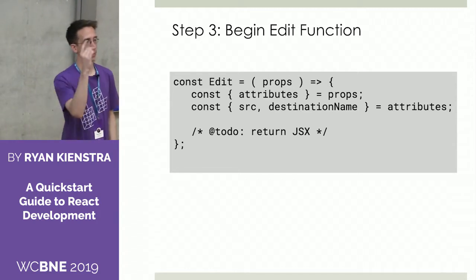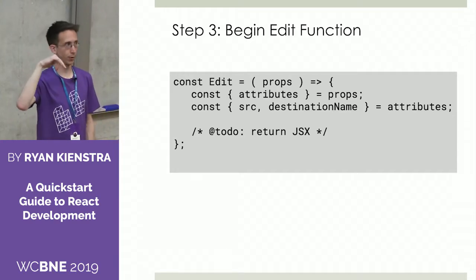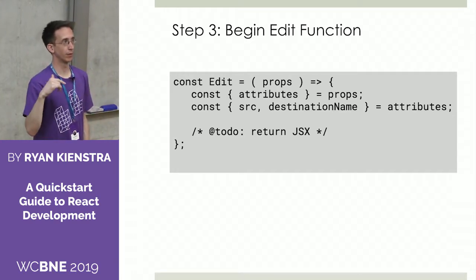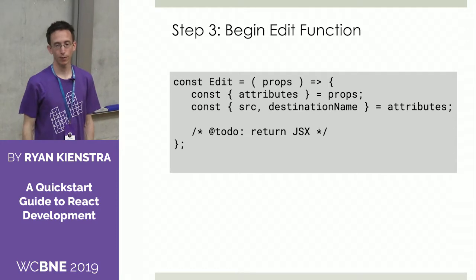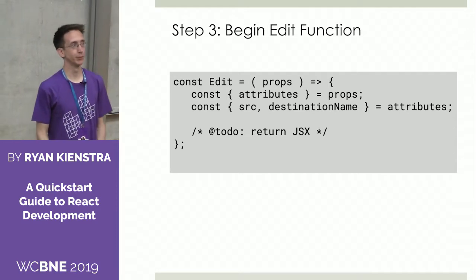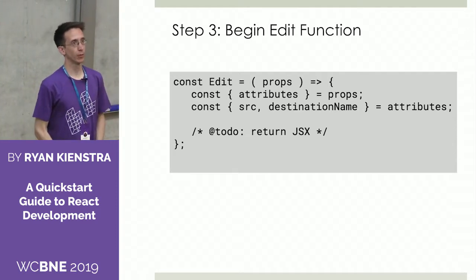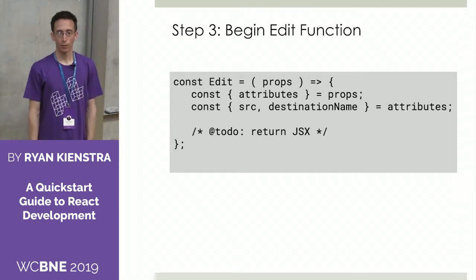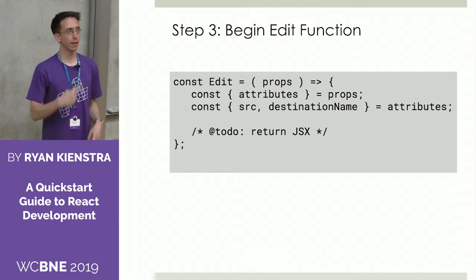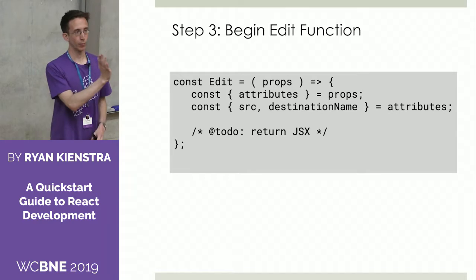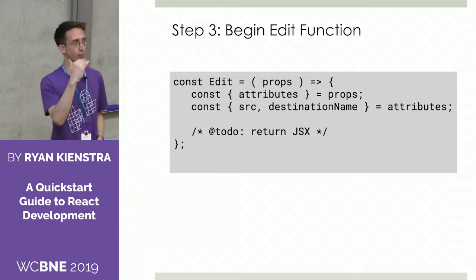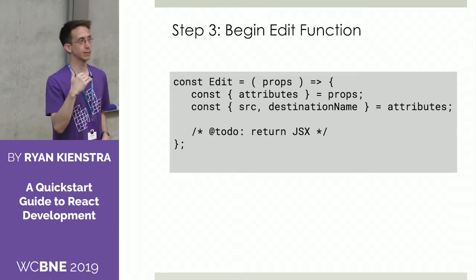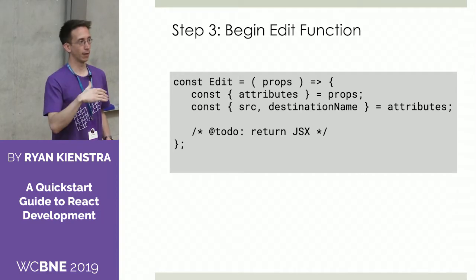And this is pretty similar to what you saw before. We'll have as a parameter to that props, just like any other component in React. And from that, we can get the attributes. And the attributes are what are stored in the database, in the actual post. We also have attributes with properties. For example, we'll store properties for this. We talked about we need the destination photo and the name.